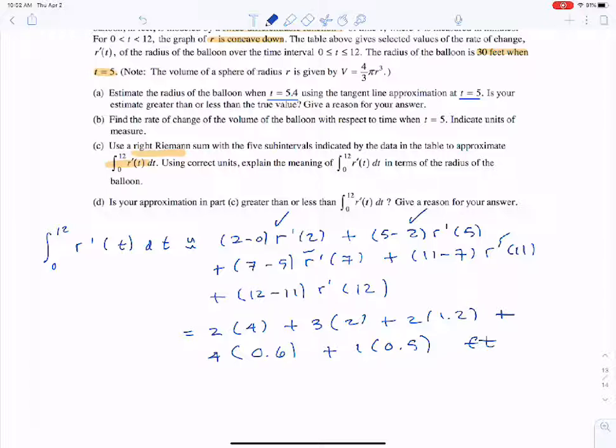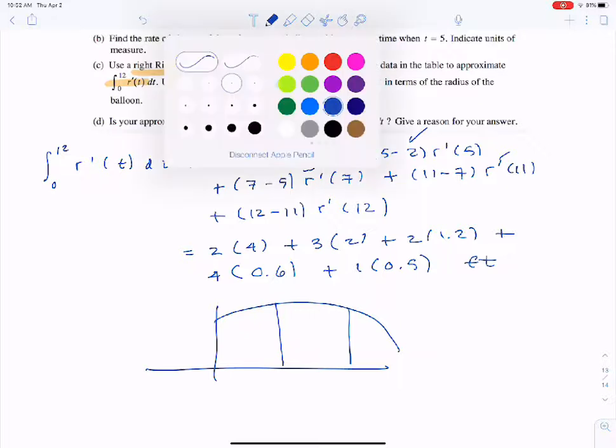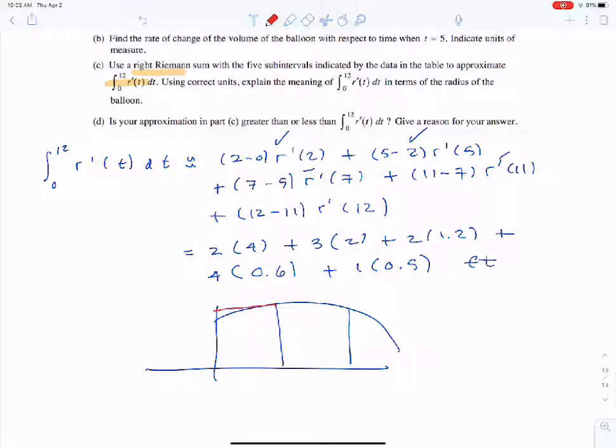If we were to draw this graph, completely non-accurate, and break it up into 3 rectangles, the height of each rectangle would be based on the right-hand side of the graph. So I'd be using this, this, and this to determine my heights. Is that okay?